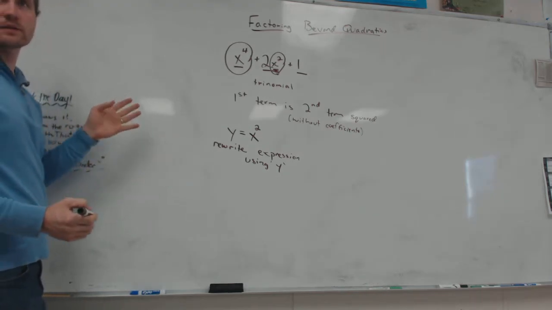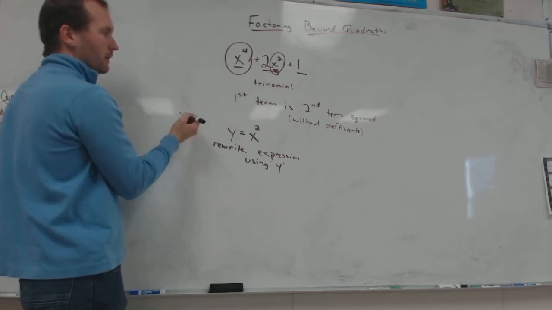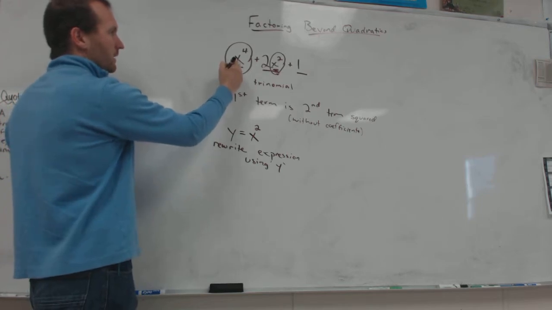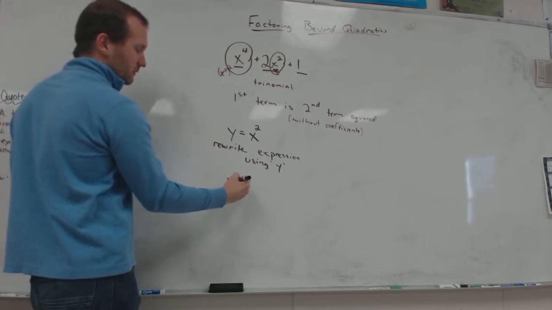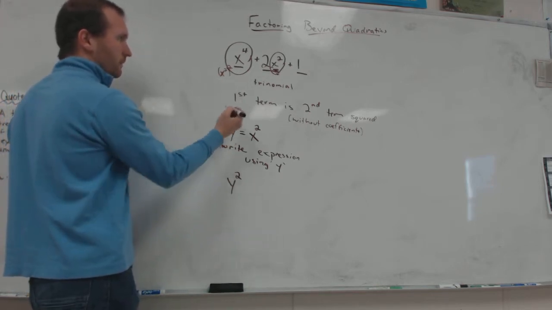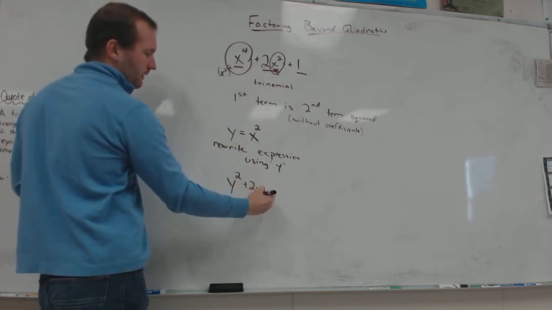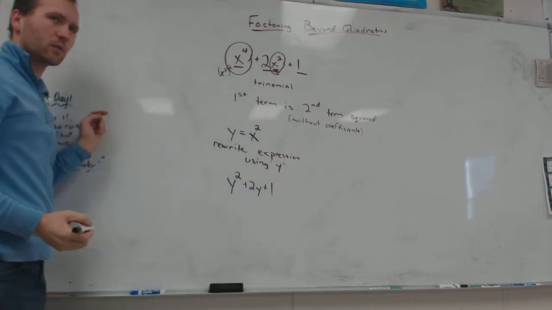So to rewrite this using y, x to the 4th is x squared squared. And x squared is just y. So this is y squared. 2x squared is going to be 2y. And then my last term doesn't really change. It's just 1.